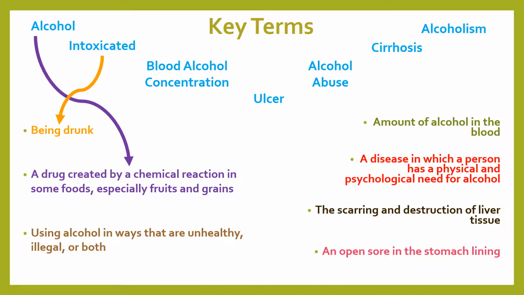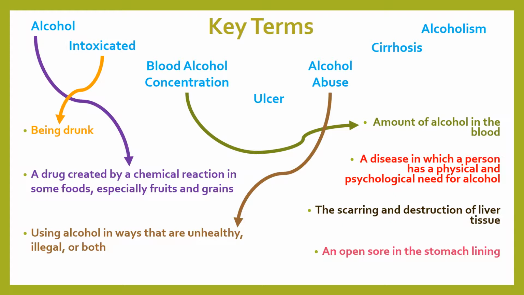Great job. All right, now which word means using alcohol in ways that are unhealthy, illegal, or both? All right, alcohol abuse. The amount of alcohol in the blood is blood alcohol concentration. That's correct.